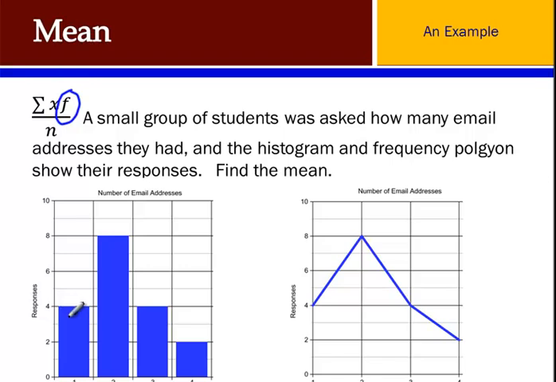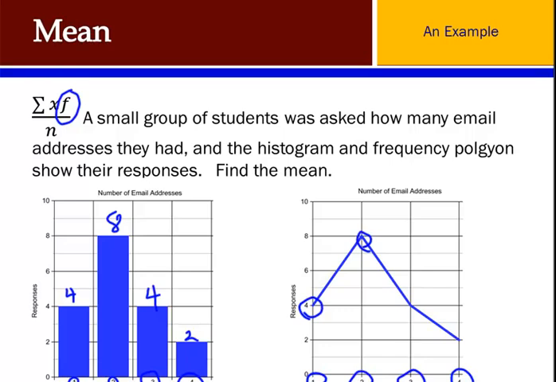Now notice, there are 4 people who responded 1. There were 8 people who responded 2. There are 4 people who responded they have 3 addresses, and there are 2 people who responded they have 4 addresses. And you get the same thing here, 4 with 1, 8 with 2, 4 with 3, and 2 with 4.